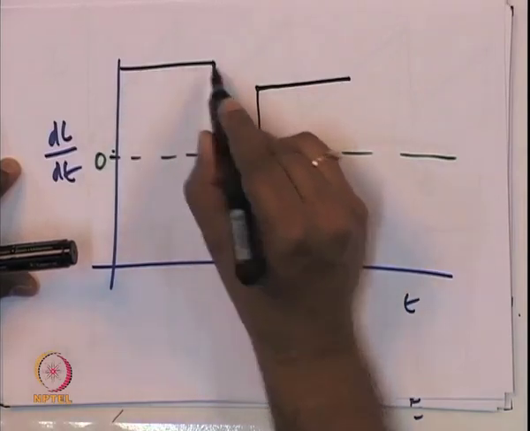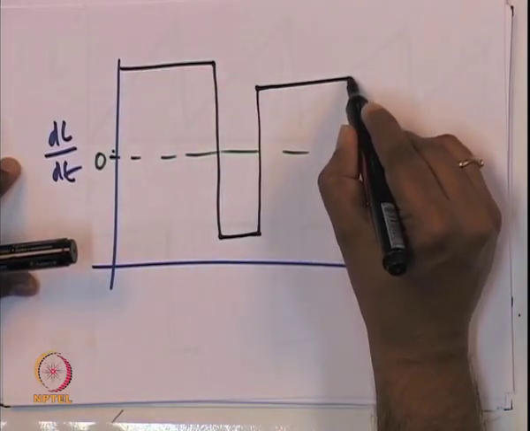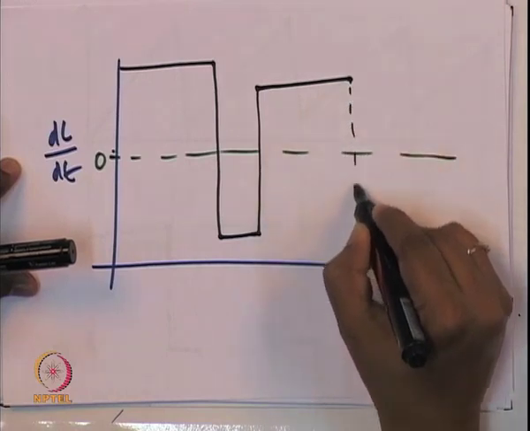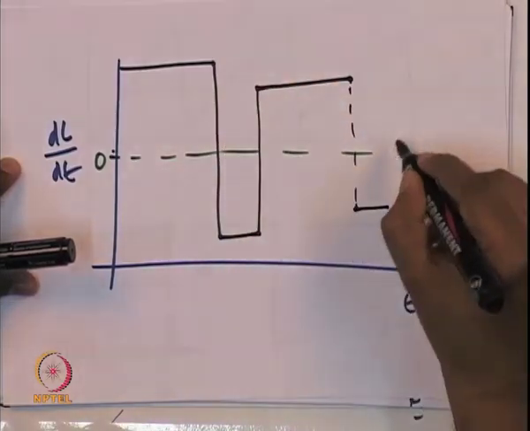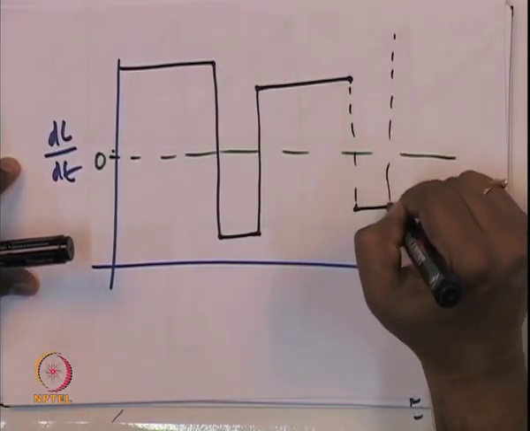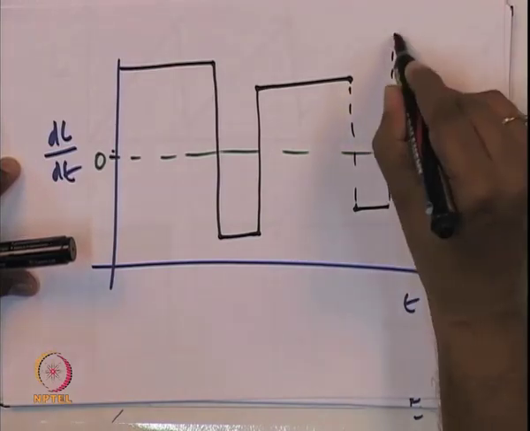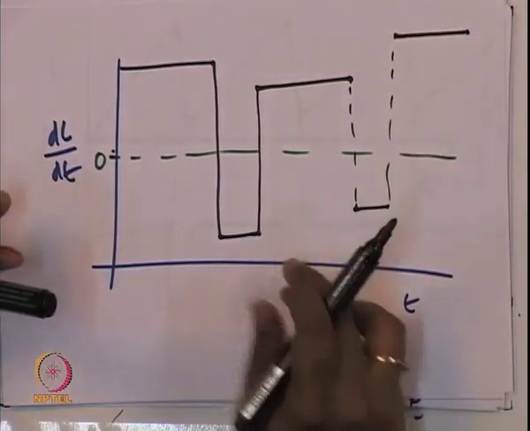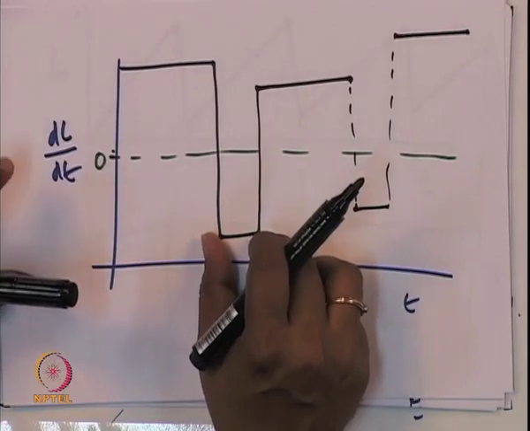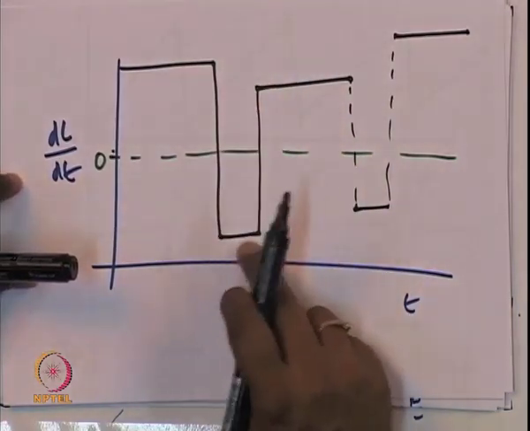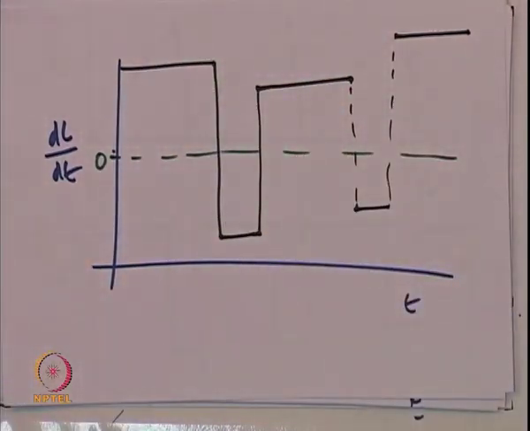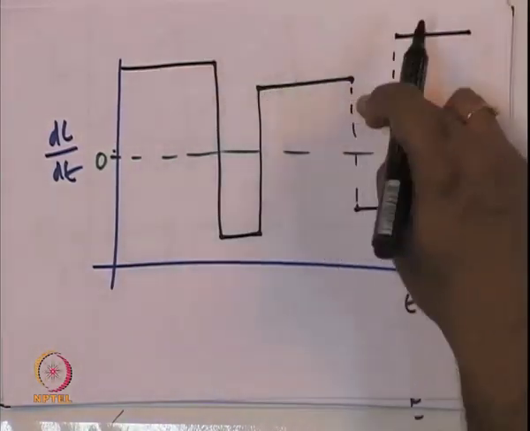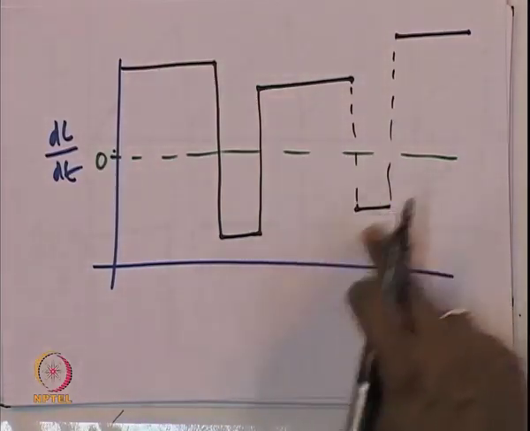So this growth value here is different, here the speed of growth is different, and this is different from this. Actually, I should draw all these vertical lines with dots, because they are not real. The shrinkage is very fast, and this is much larger than this. So you could have this kind of dL by dt versus t graph. Basically this means that the speed of growth in each attempt is different, and so is the shrinking rate.